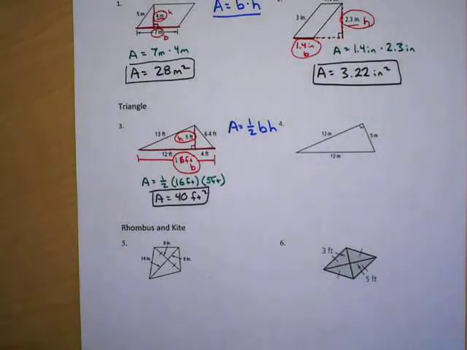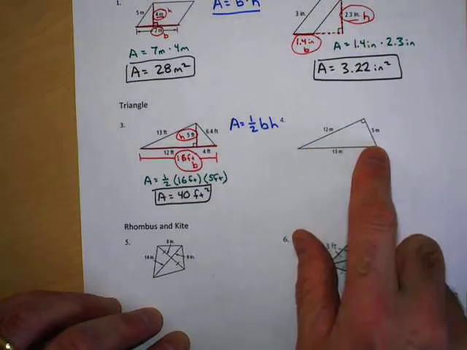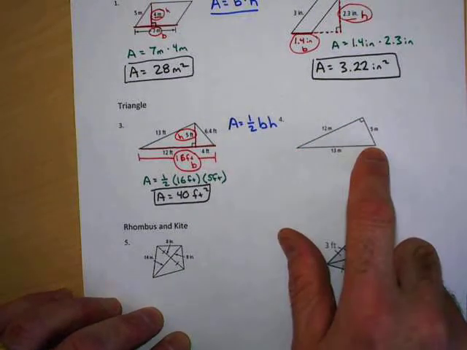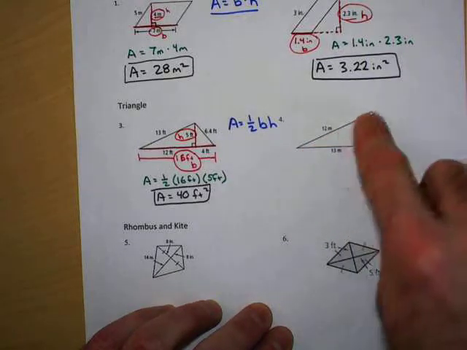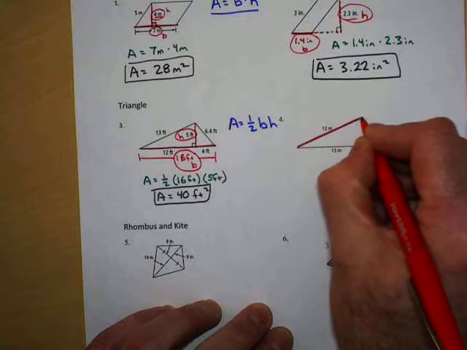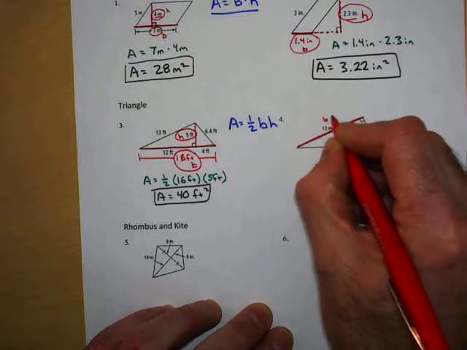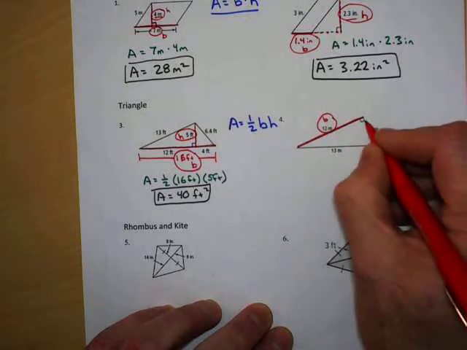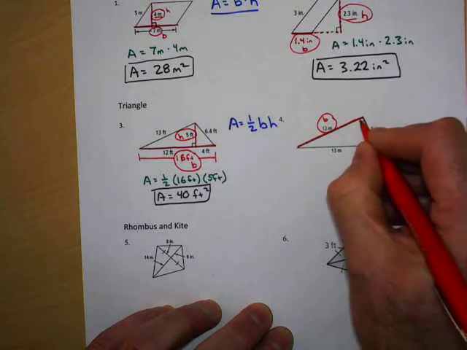The next one, again, when I look at it first, this is my base, but I don't have a height that's associated to that base. So what do I use? The 12 meters. The 12 meters I like using as my base. You can switch them, but that's what I think of as my base. And this is perpendicular, so I use its height.